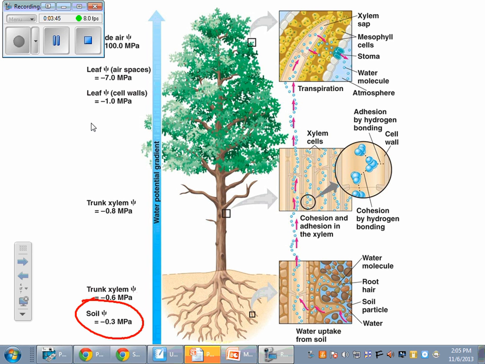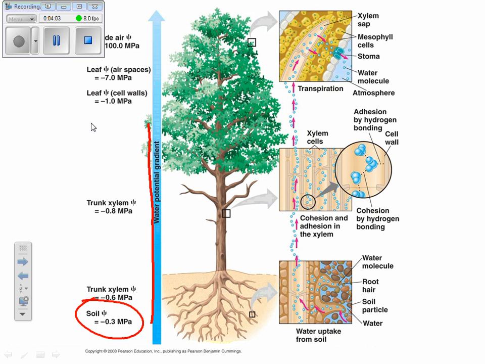So if we have a lot of moisture in the soil, water potential should be fairly high. Here it's not too far off of zero. What has a water potential of zero again? Distilled water. So we're in a pretty saturated situation. As we go up the tree, what happens to our water potential? It gets more negative. Water potential is actually decreasing.